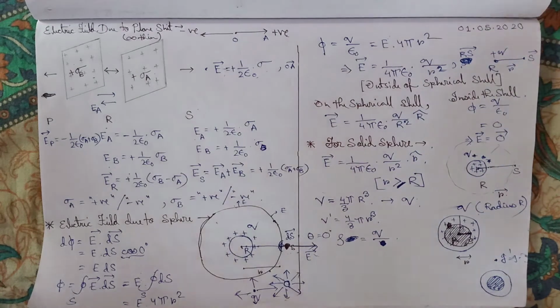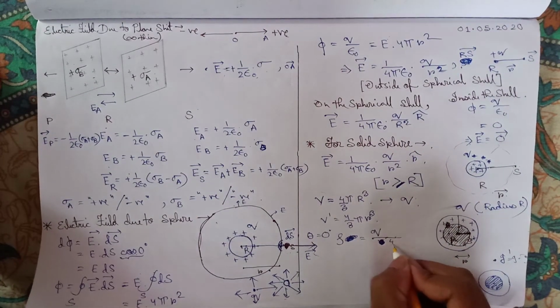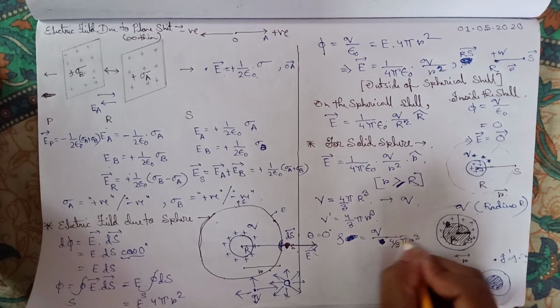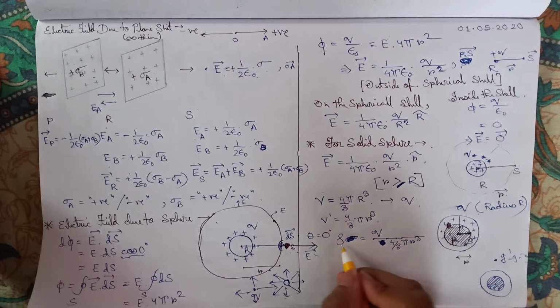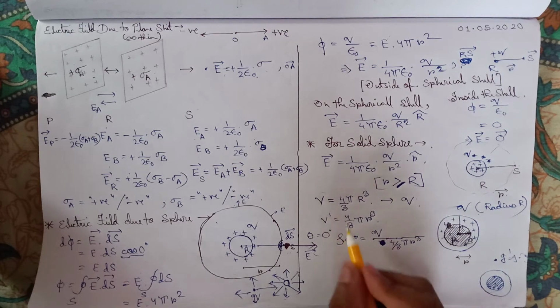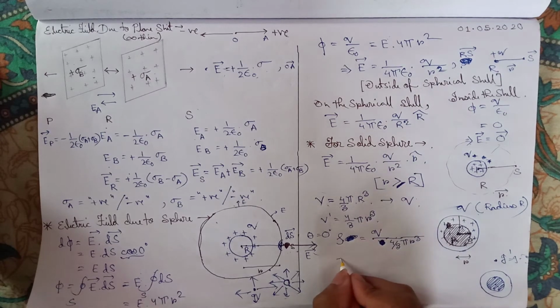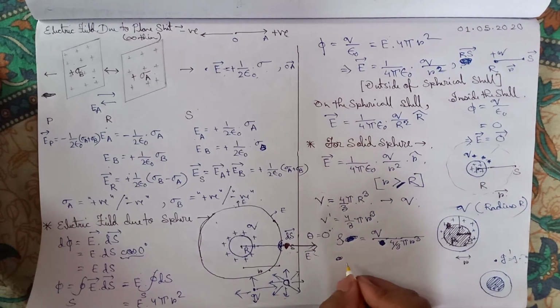Sorry, my mistake, I just forgot it. So Q by 4 by 3 pi R cube, right? So it is sigma.